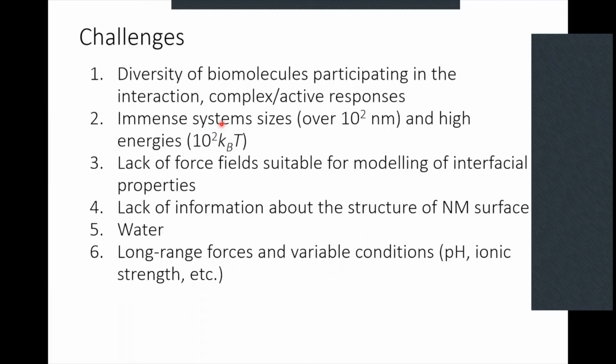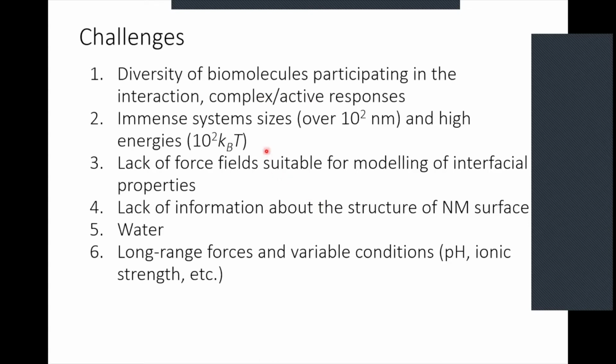Even if there are only 10 different atom types in a protein, the diversity of proteins is immense. The diversity of biomolecules and of interactions is immense, so we need to overcome this difficulty. And the responses are extremely complex. Quite often they're active responses, like ATP-dependent responses that we cannot really model at the physical level. So we need to find a way to address those complex situations from first principles.